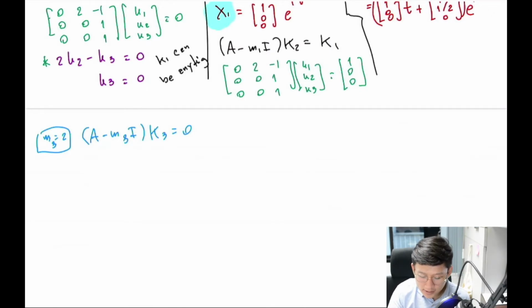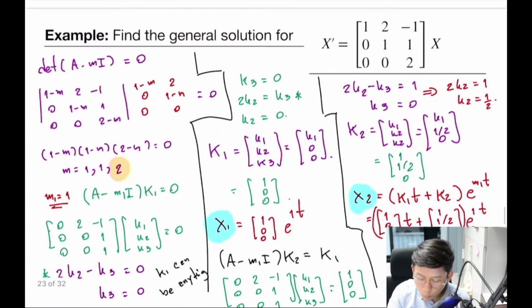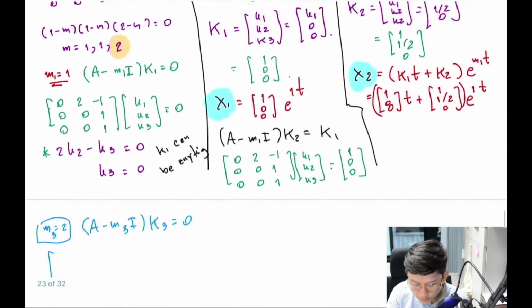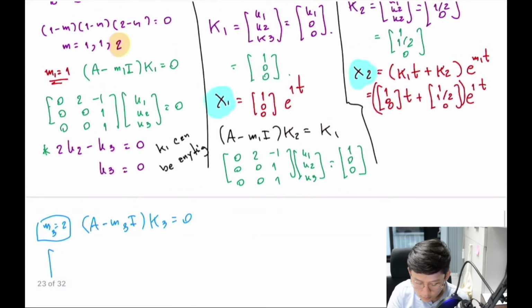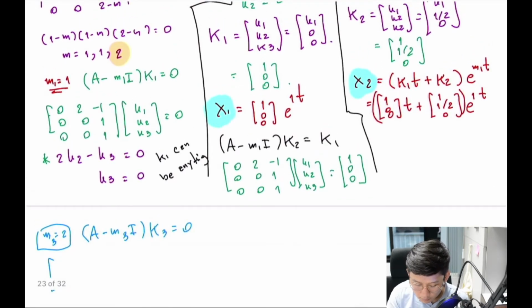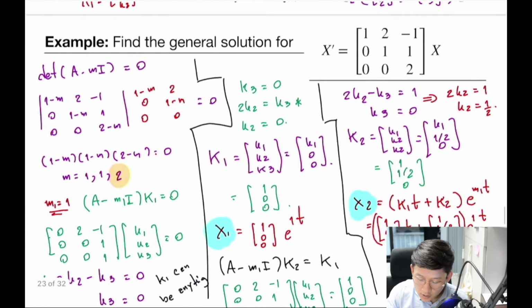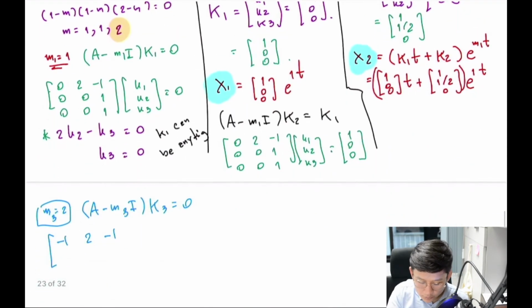So in that case, what is our matrix A? It is (1, 2, minus 1), so we have minus 2, 1 minus 2, that will be minus 1, 2, minus 1. And then we have 0, 1, 1, so we have 0, minus 1, 1.